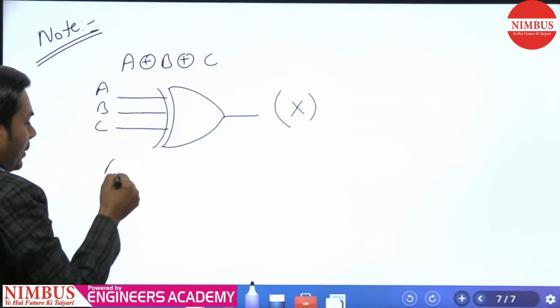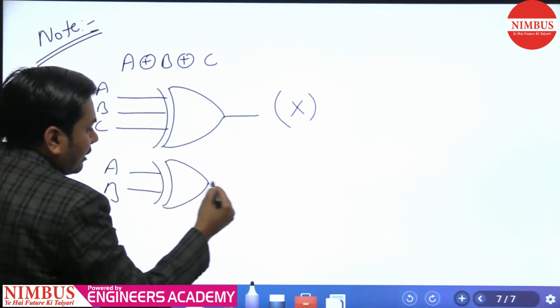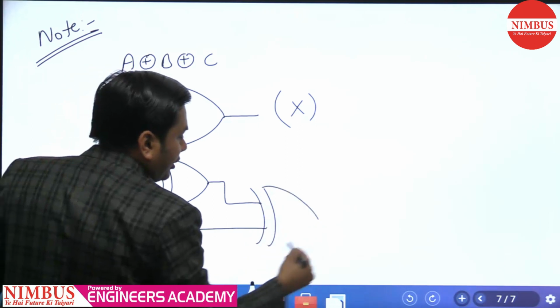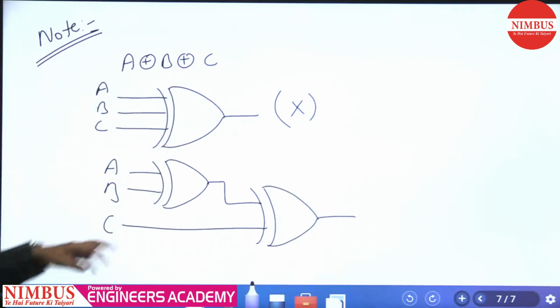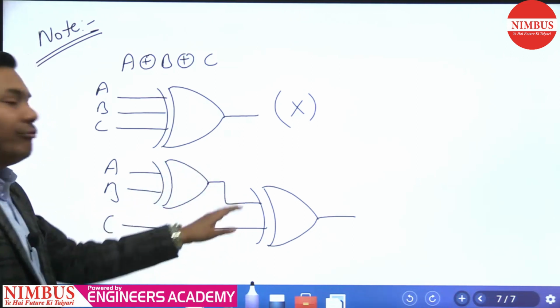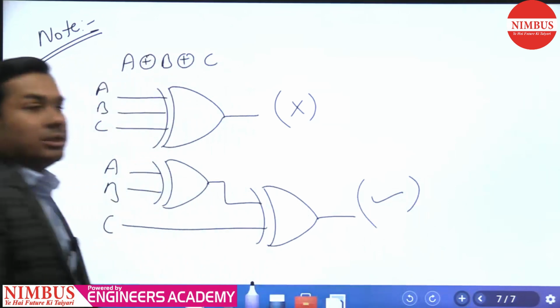The correct implementation is that the XOR gate is always available with two inputs. That means we have to first perform the XOR of A and B, then we perform the XOR of that with C. That is your right implementation method, right?